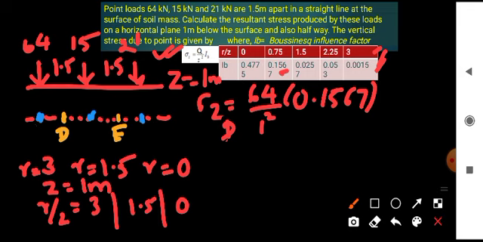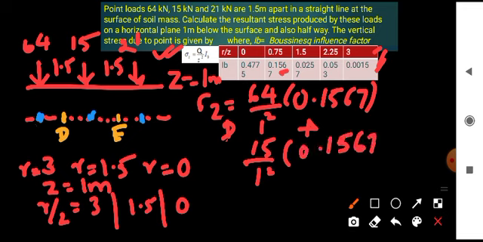plus the second one is 15 divided by 1 square, so again it is 0.75 only, 0.1567 only we have to consider as the Boussinesq influence factor, plus 21. So 21 has a distance of 1.5 plus 0.75, that is 2.25.